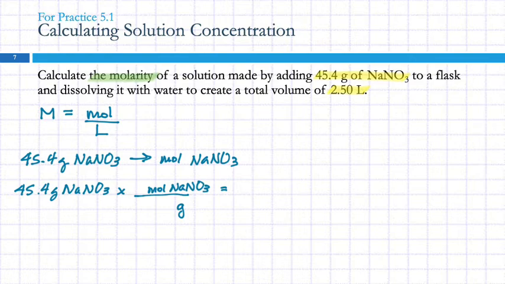And so I need the molar mass. So we go to the periodic table and look up sodium, 22.99. And then I've got nitrogen and 3 oxygens. So my calculator shows me 85.